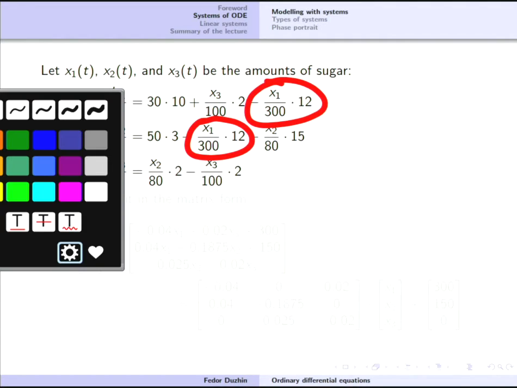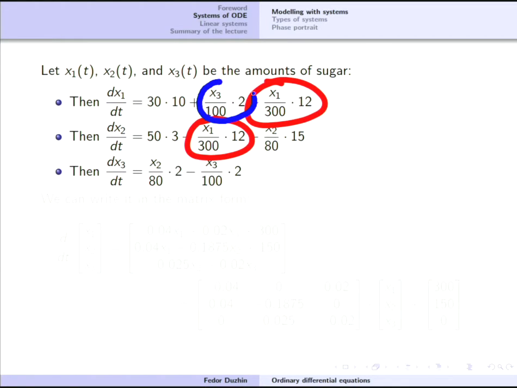Right? And say this number, so this is sugar coming in to the first tank from the third, and this is sugar leaving the third tank to the first tank.